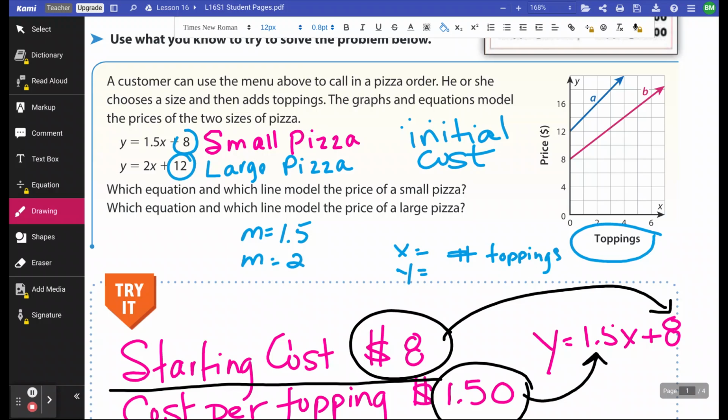And then y, well, what's on our y-axis? Well, it's price, right? Is it the price of each topping? Well, let's look closely here. It looks like we have y is set equal to all of this stuff, the initial value plus the 1.50 that we add for each additional topping. So y is our total cost of the pizza, given the number of toppings.